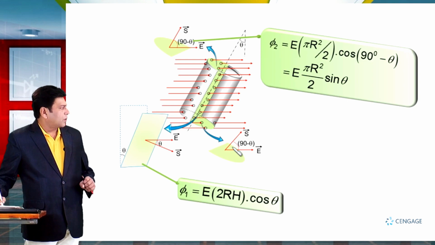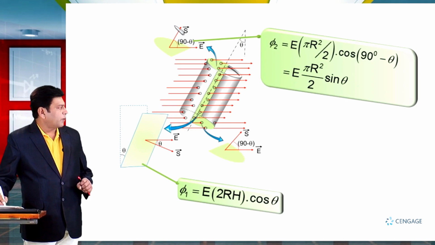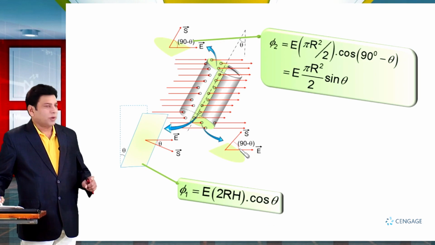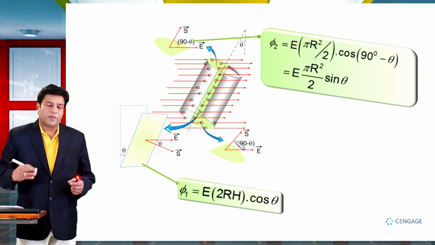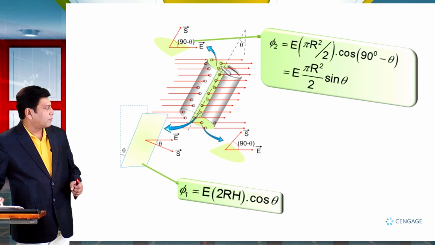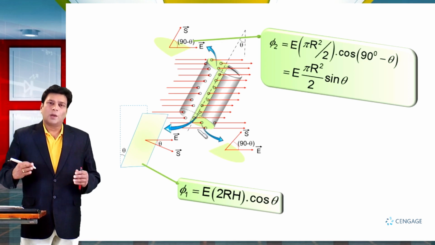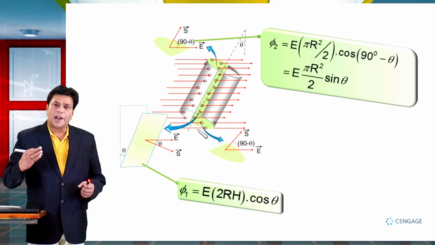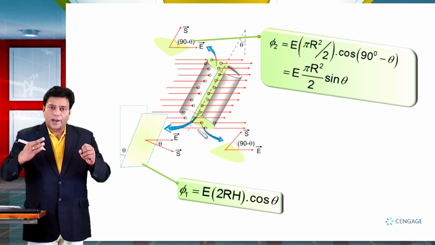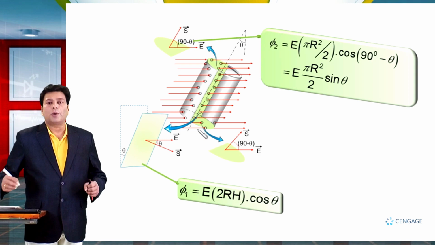Now, we can observe the magnitude of the flux here and here should be the same. You know, the sign of the flux should be different, because for this surface flux is outgoing and for this surface flux is incoming. But we are calculating the flux entering the cylinder. So, we are interested in calculating the magnitude of the flux.